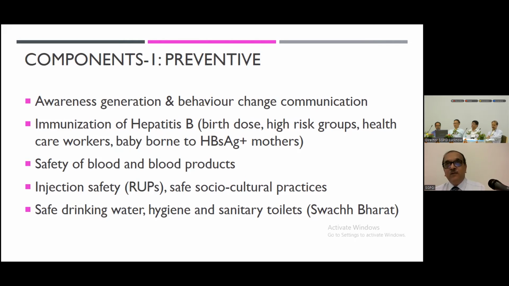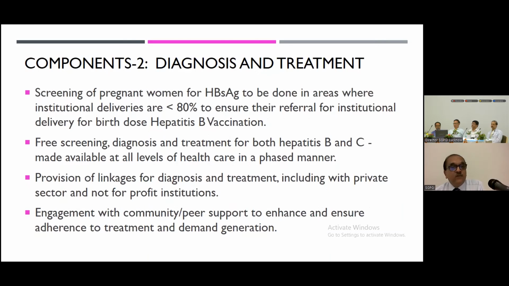Another route you all know, shaving, getting shaving outside and other things. So what I am saying, injection safety is very, very important, and safe drinking water, hygiene, and sanitary toilets also. You all know Swachh Bharat also, and they are trying to provide safe water also.